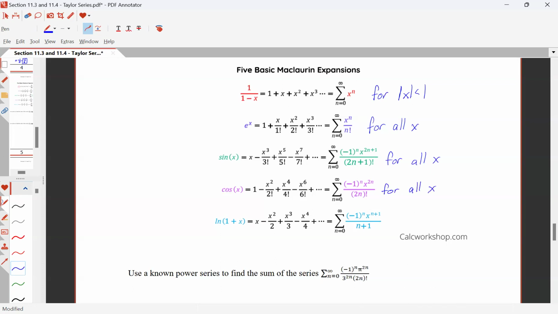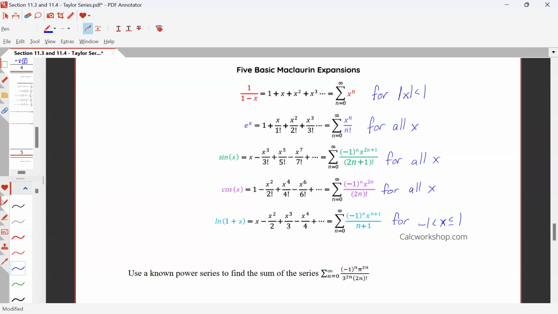And ln of 1 plus x equals the series of negative 1 to the n, x to the n plus 1 over n plus 1 for negative 1 less than x less than or equal to 1. So we have those intervals.